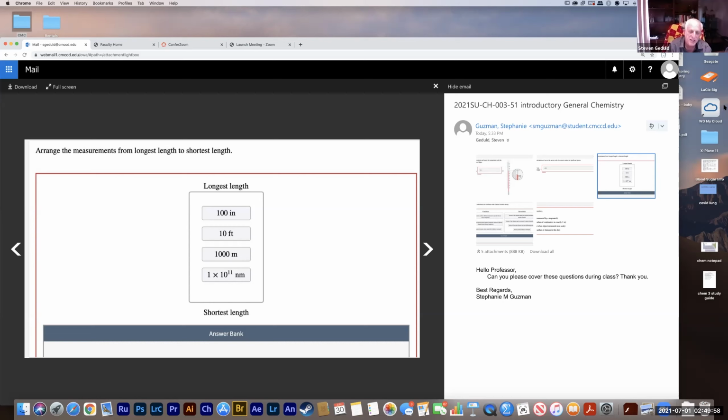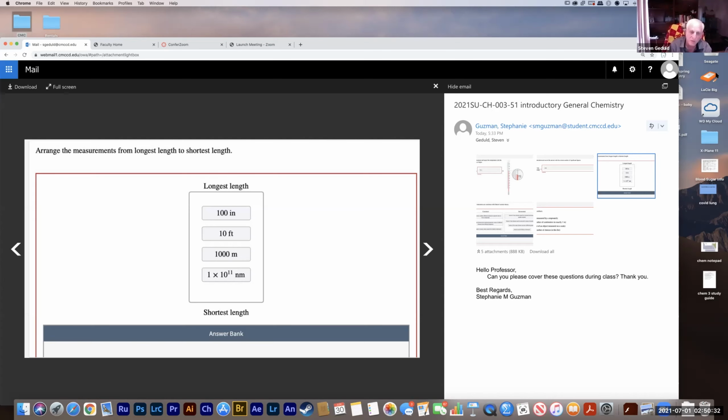All right, so if you look at that, let's convert everything into the same units. Let's convert everything into meters, okay? So 100 inches, and there's 2.54 centimeters per inch, and centimeters is 10 to the minus 2 meters.